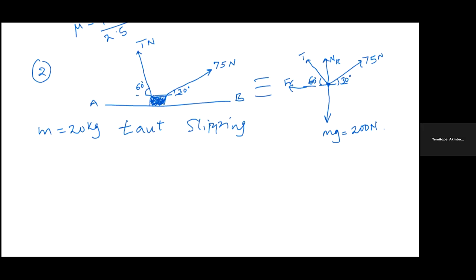So just get the horizontal component: Fr minus T cos 60, plus 75 cos 30 equals 0, because we are told it's in equilibrium. So that settles it.